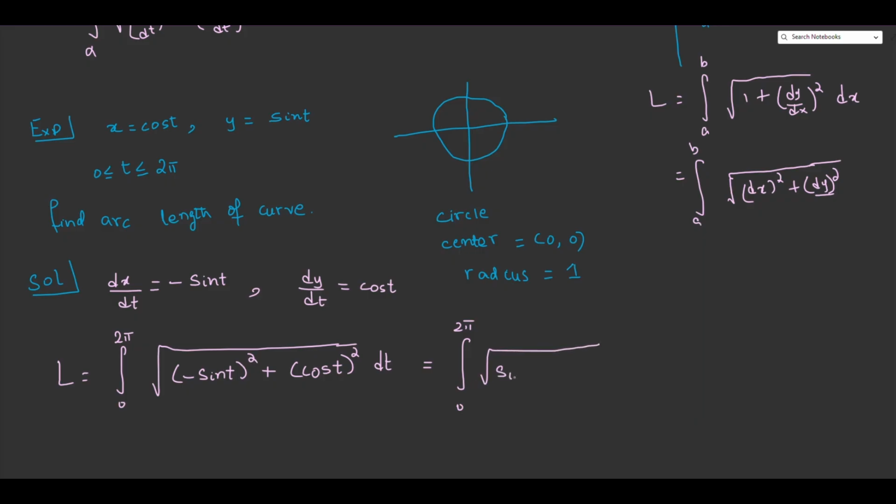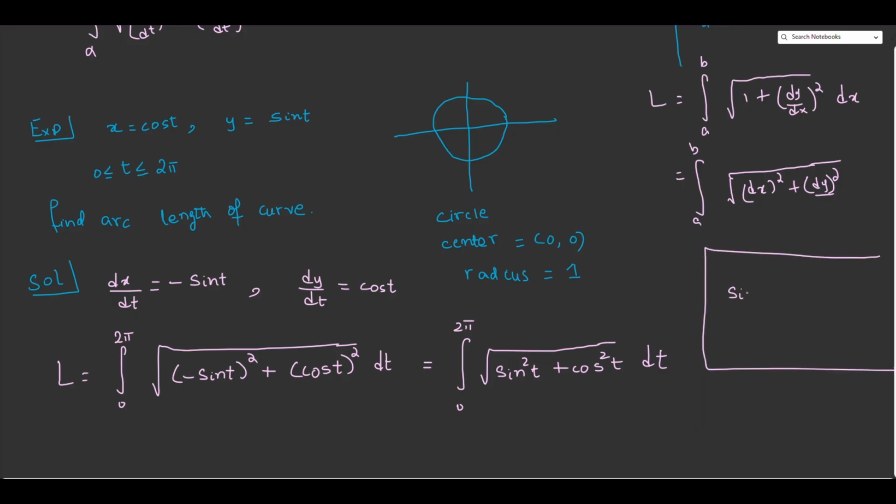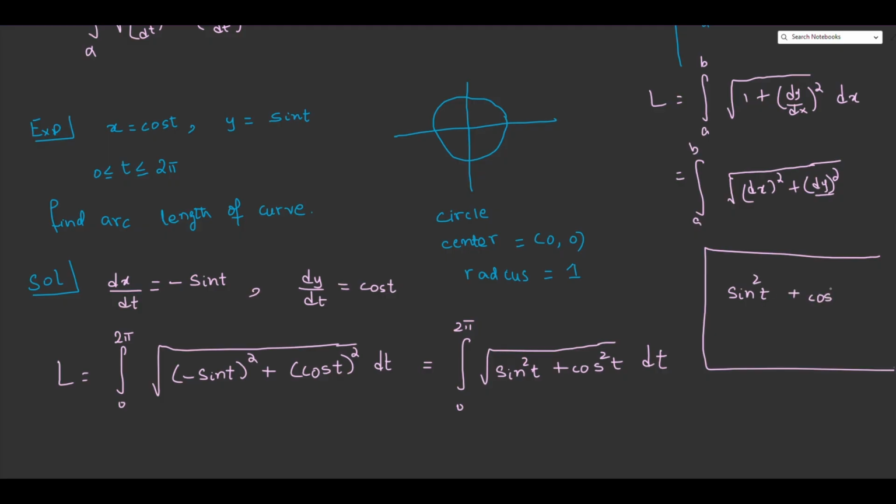Now under the root we will get sine square t plus cosine square of t, and this is a trigonometric identity. We know from our previous knowledge that sine square t plus cosine square t is equal to 1.